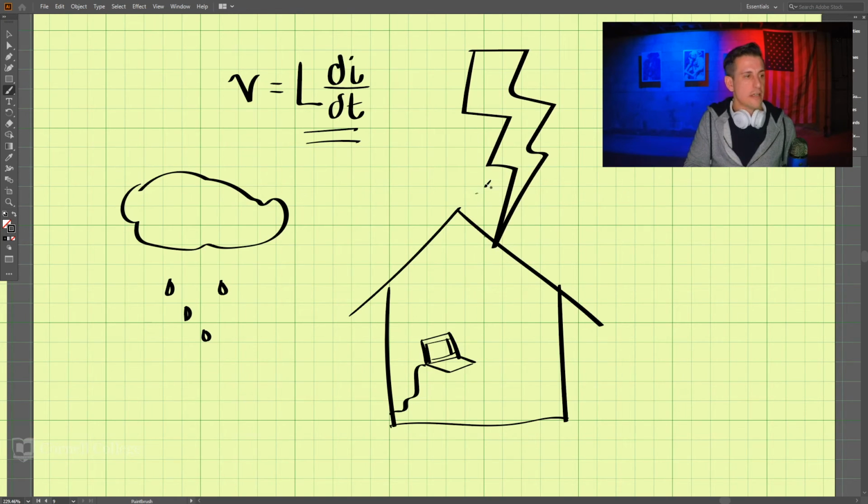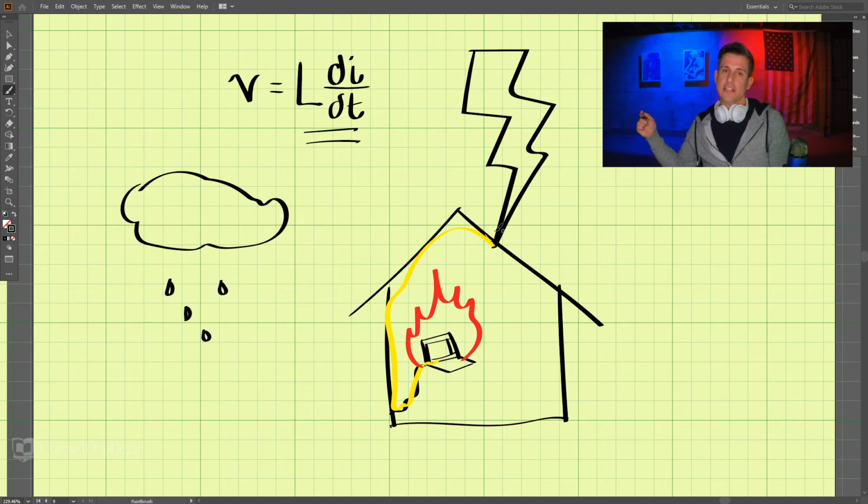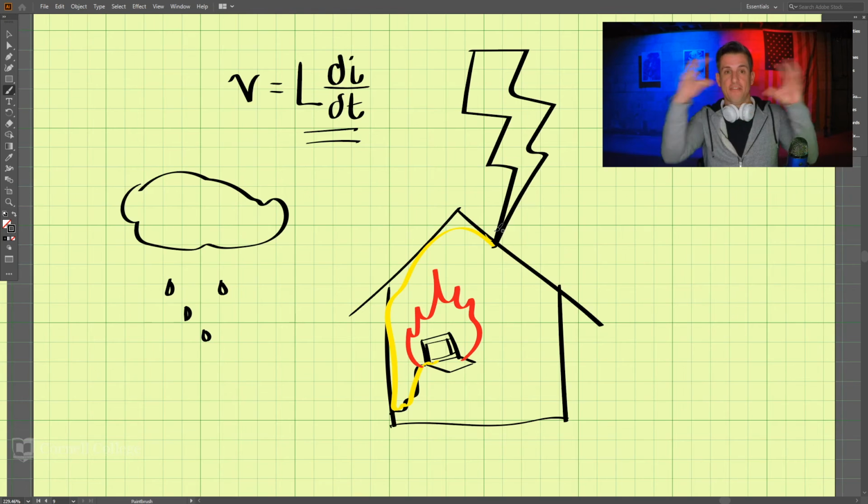Now that electricity goes in and goes up to your computer. And what happens? Well, it will probably break your computer and maybe cause a fire, right? So this would be bad. So what is going on here? This current is going very fast into your computer and causes heat and makes a fire.